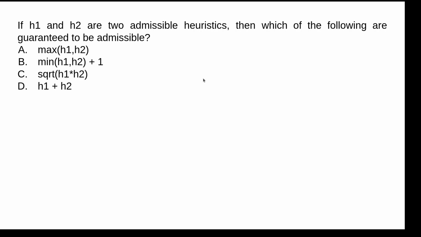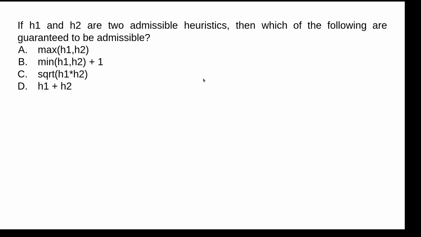It will be H1 plus 1 and sometimes H2 plus 1. So it may not be guaranteed that, from the nth node to the goal node, after adding 1 it will still be less than the optimal cost. It may be greater than the optimal. So putting 1 makes the trick here, and we cannot guarantee it will be admissible.